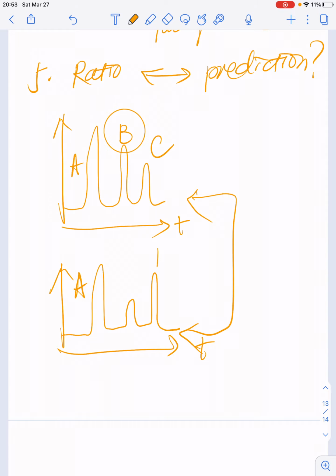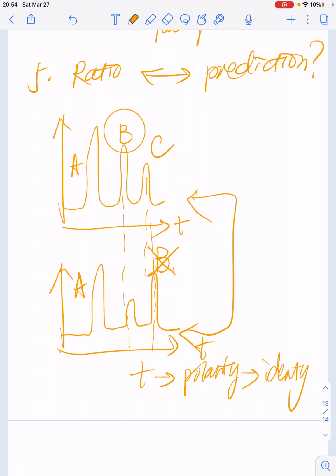However, you cannot assign B to the larger peak, because we know that retention time is the only sign that will tell you the identity of your product, right? Retention time refers to polarity, refers to the identity of your product. If you know that you have the same mixture in different ratios, then the products showing up at the same retention time have to be the same product.